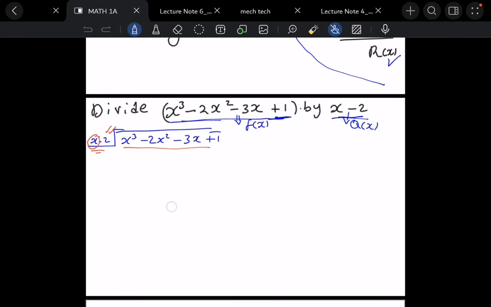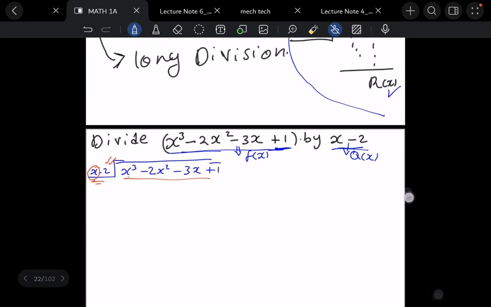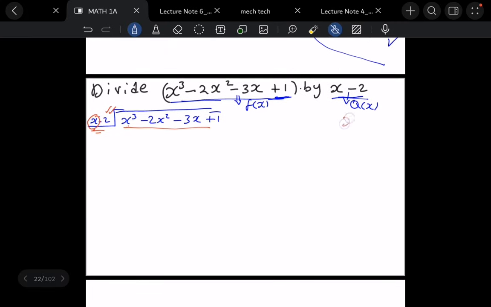So how many times does this x go into x cubed? You ask yourself that. You are asking, what is x cubed divided by x? That is going to be x squared. So x goes into x cubed x squared times.